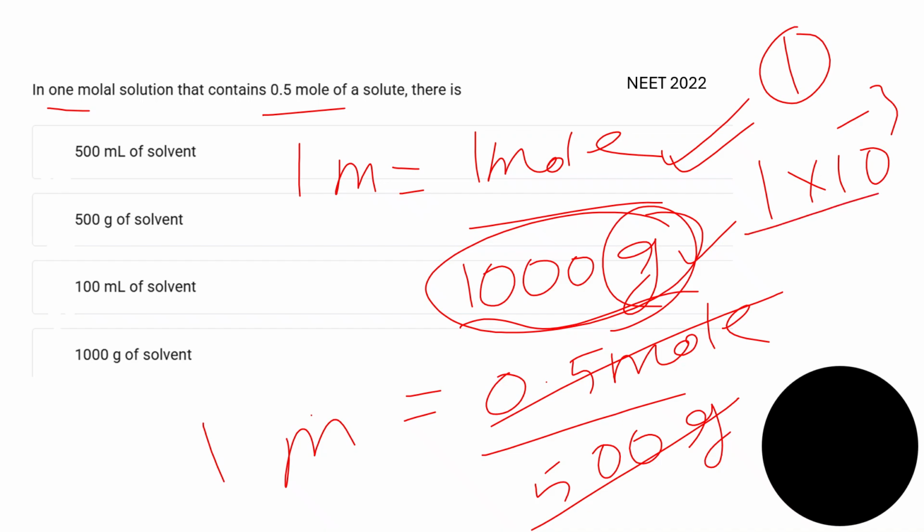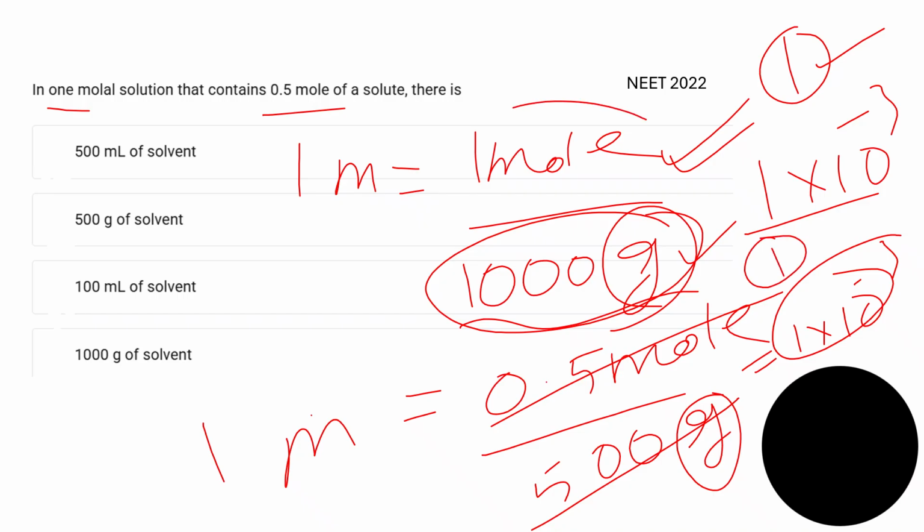If we take it in kilograms, it is 1. Only because we take grams, it is 1 into 10 to the power minus 3. 0.5 divided by 500 also gives 1 into 10 to the power minus 3, because we take weight in grams. If we take weight in kilograms, it will also be equal to 1. If we reduce the moles by anything, the weight of the solvent is also reduced by the same factor, like 0.5 mole divided by 500 gram of solvent. That's it. This is the simplest one.